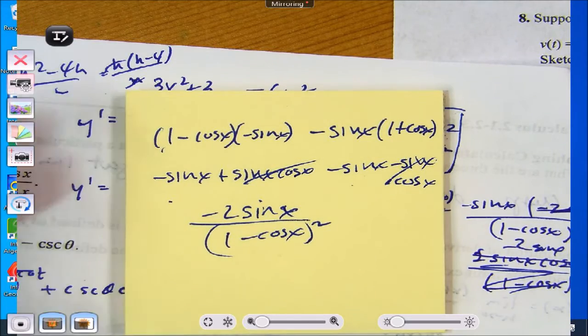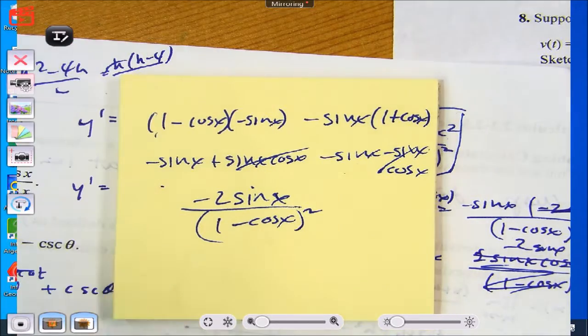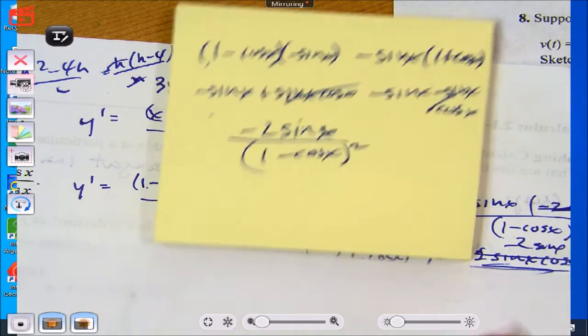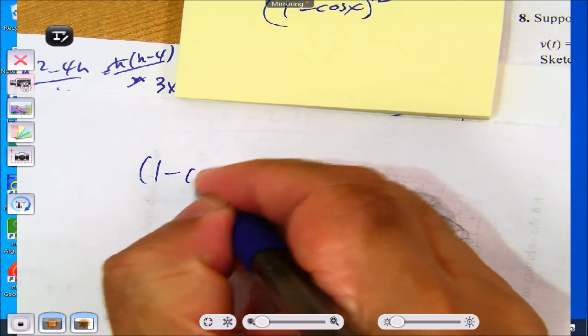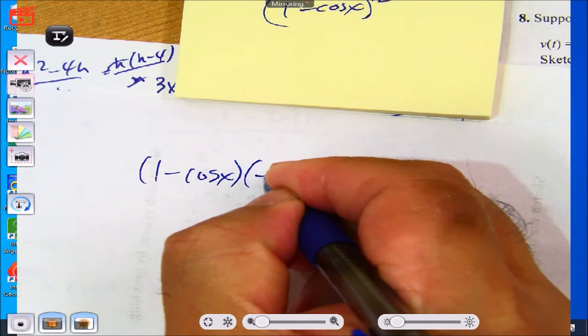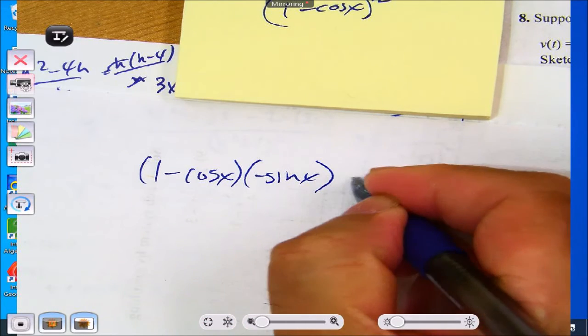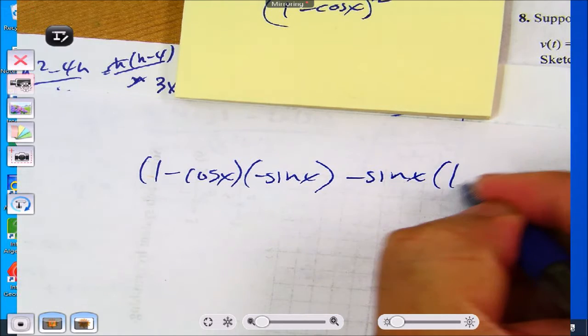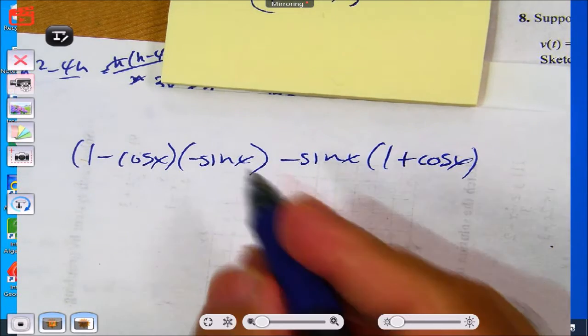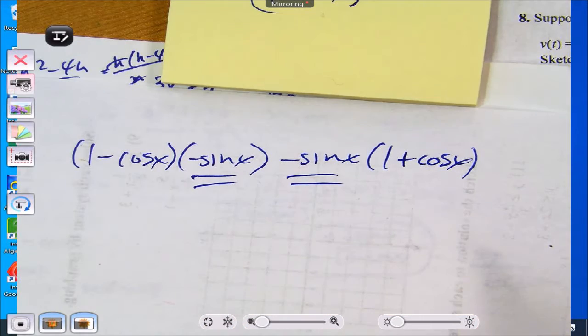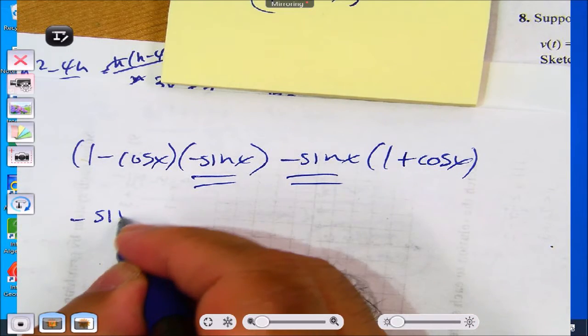Okay, so the question is, how did I factor out a negative sine x? I'm doing this technique number 2. There's a negative sine x here and a negative sine x here, so I take out the negative sine x.